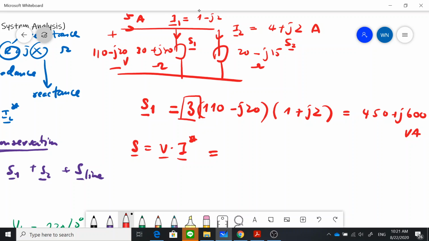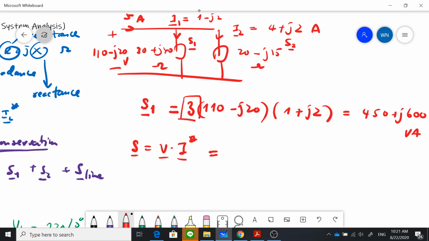Okay, if you know just the voltage drop across this, because these two are connected in parallel, if you know just V and you know Z, how would you find the complex power?